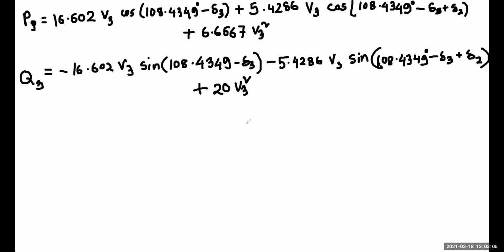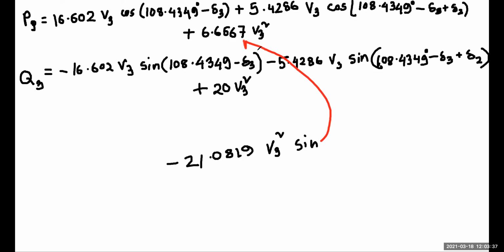This one, right? How did I get this? I used sine. I go to the calculation. I used sine, and this was supposed to be minus, but this was supposed to be like this. Minus. 21.0819 V3 square sine. Previously it was cos. In the previous one it was cos, right?